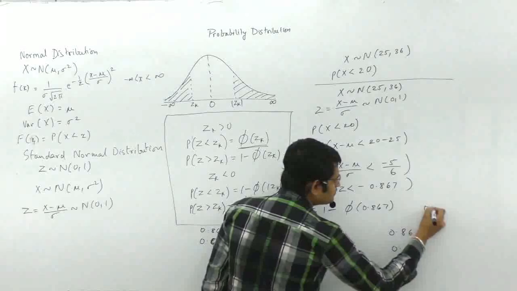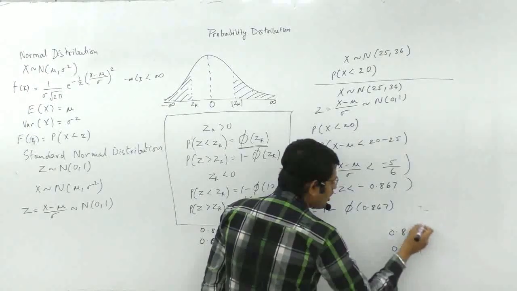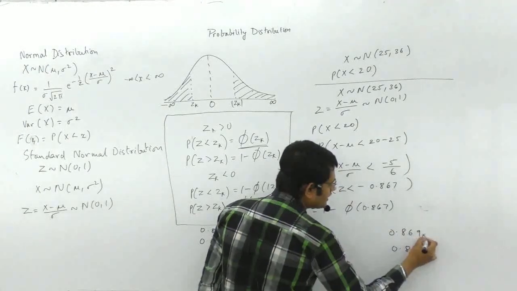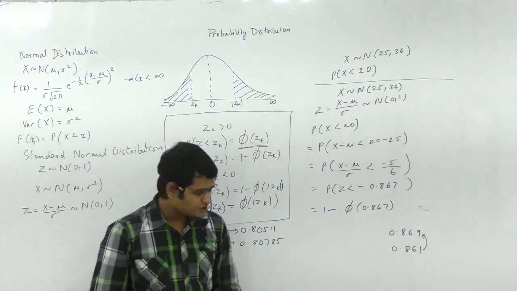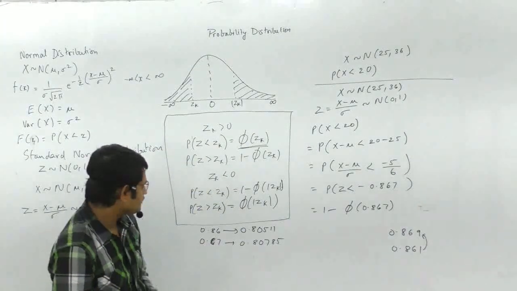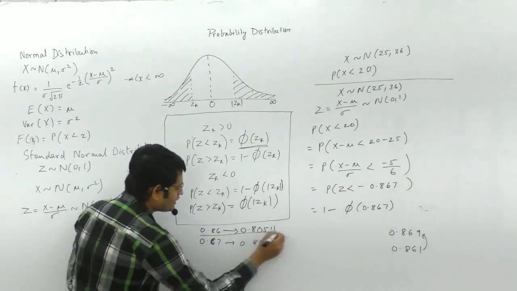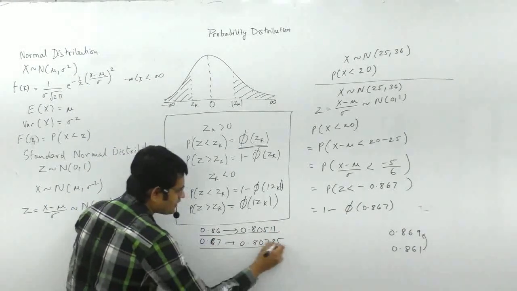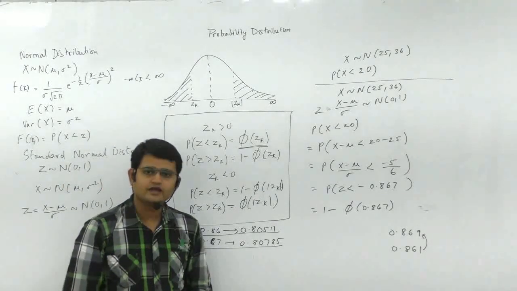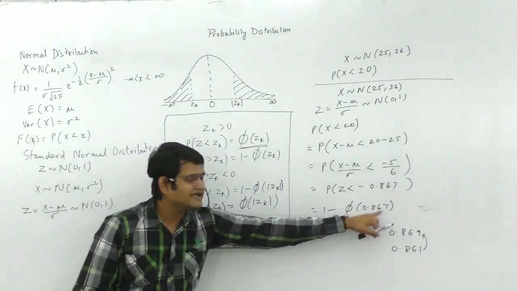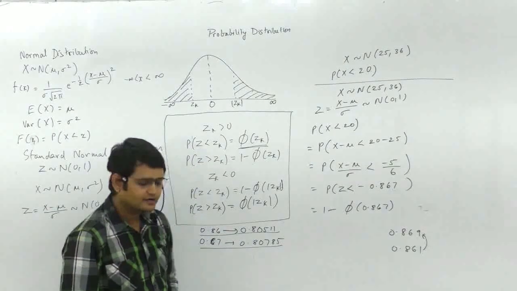If you have anything other than that, all the values between 1 to 9, we are going to use interpolation to find the values. For that, we have the 0.86 and 0.87 probabilities, and we are going to use these probabilities to find the value for 0.867 using interpolation.